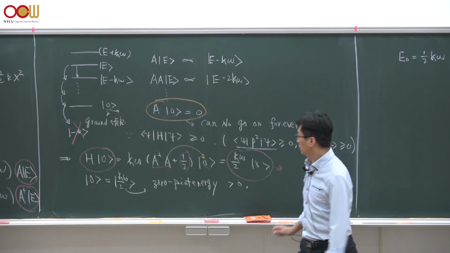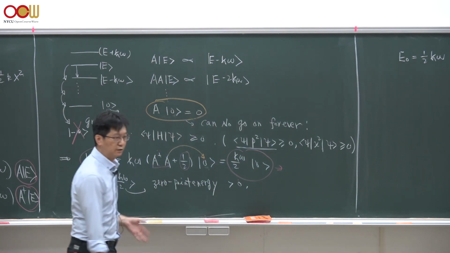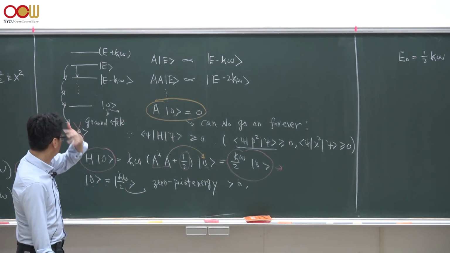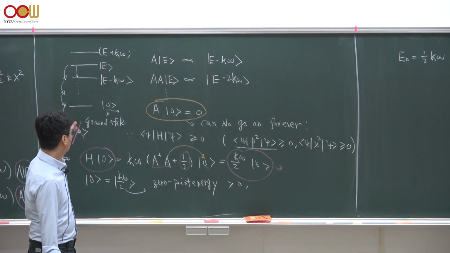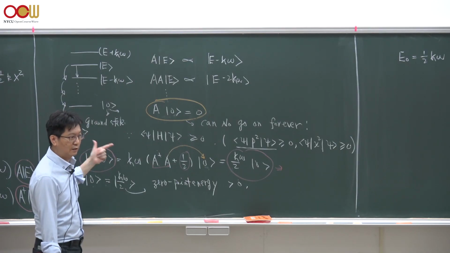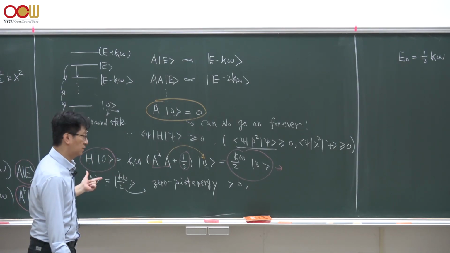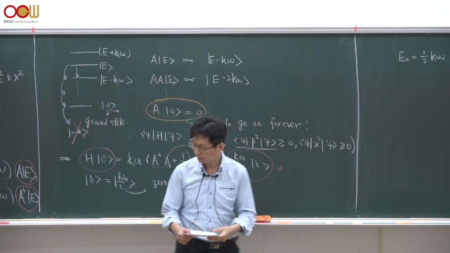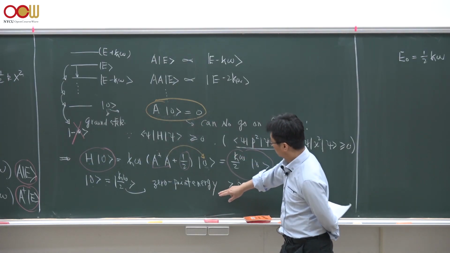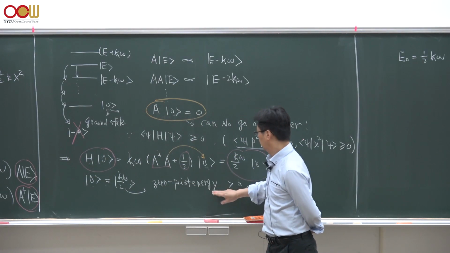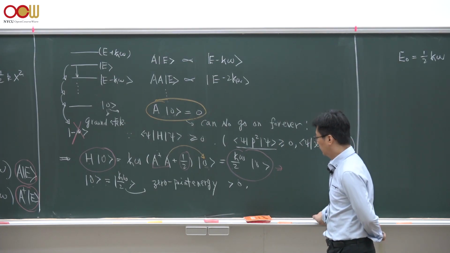Then you get immediately the conclusion that we showed earlier in the previous chapter, that this ground state is not a zero energy state, it is a positive energy state. And this positive energy is called 0-point motion or 0-point energy.